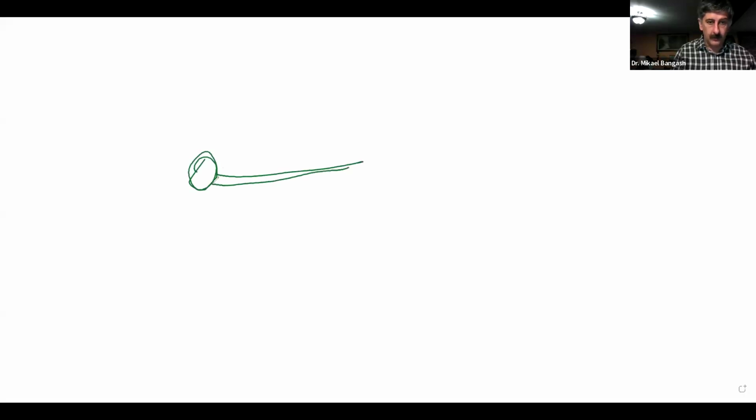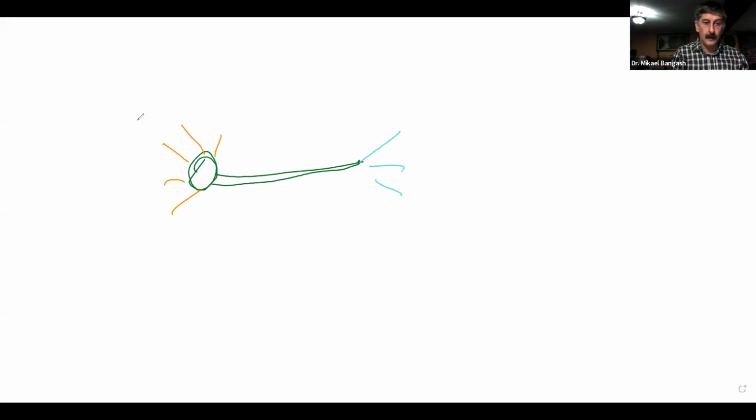We had a neuron. Now this neuron here has its dendrites. This neuron here has its terminal branches. Did that make sense?